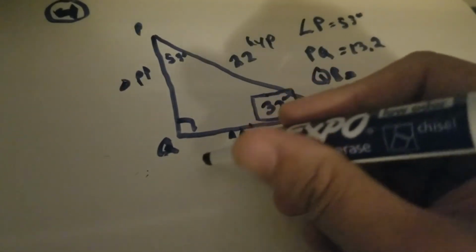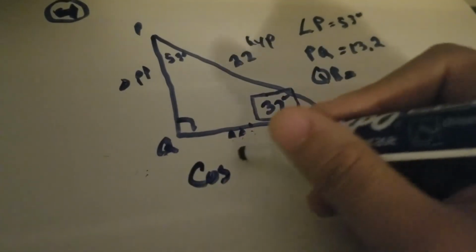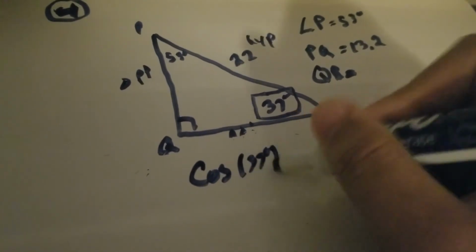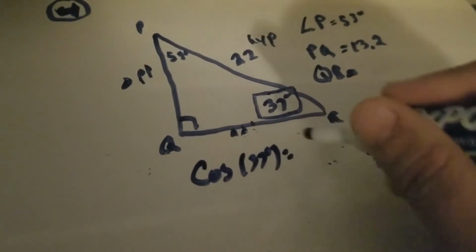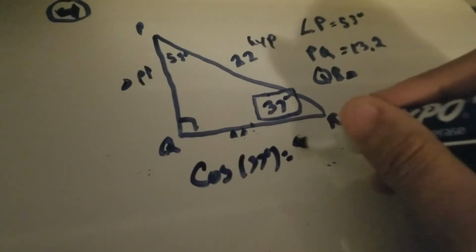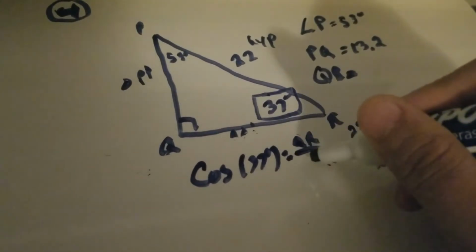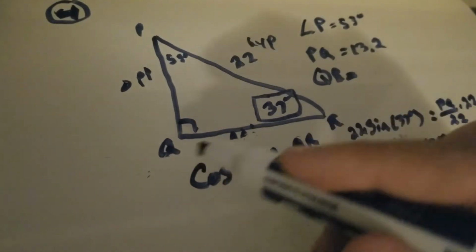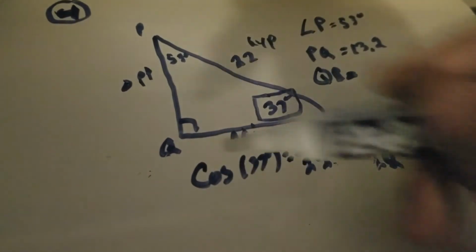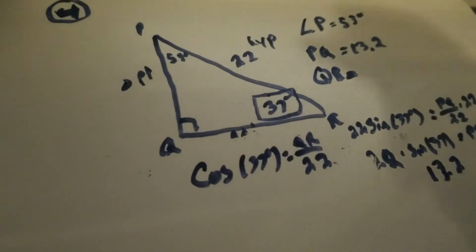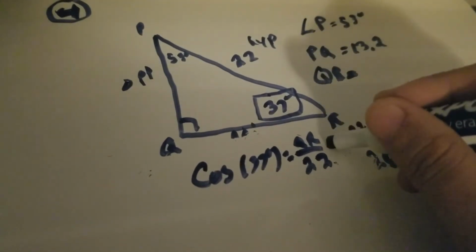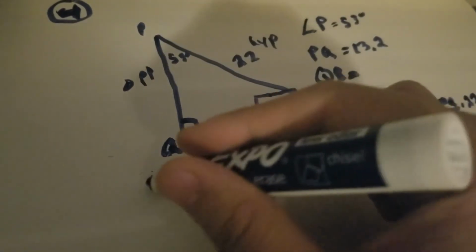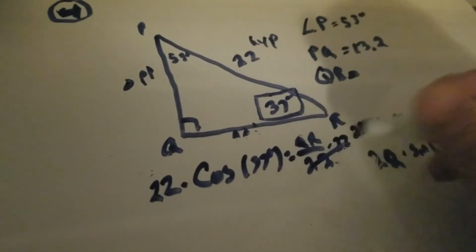So this one is cosine of 37 degrees equals adjacent, I don't know what it is, so I'm going to call it QR, over hypotenuse, which is 22. Important note, if you want to call QR X, and then you want to call PQ Y and use variables, that's fine also.